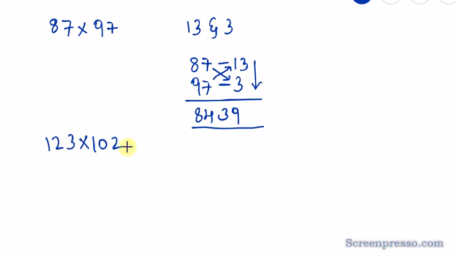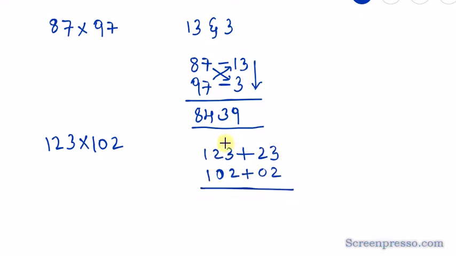Here 123 is near to 100 and it is 23 more than 100. This we will write as 123 plus 23, and 102. In 102, 100 is the base number and 2 is more than the base number, and we will write it as 102 plus 2.